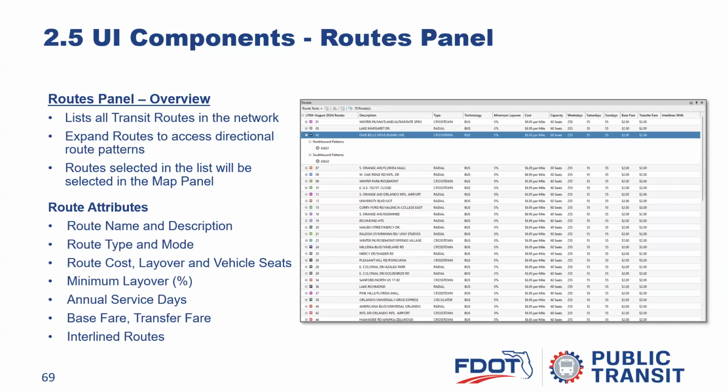Okay, so let's talk about the contents of the routes panel. Essentially, whenever you open a transit system network scenario and you start evaluating what's in it, the routes panel is probably the first place that you go to see at the route level, what do I have in my network, right? So essentially, this is a list of all the routes in your network. And basically, every route would contain directional patterns.